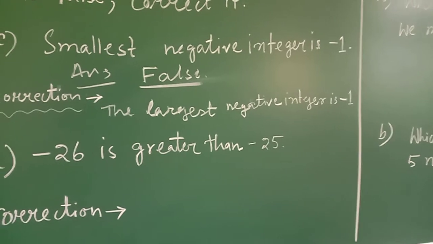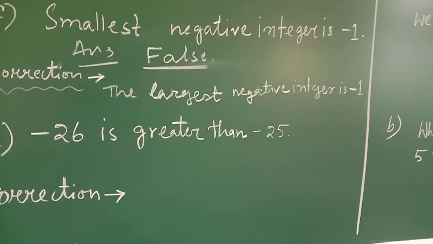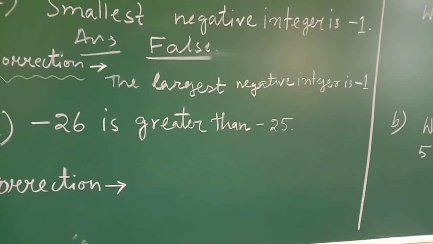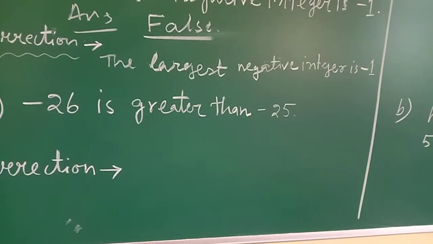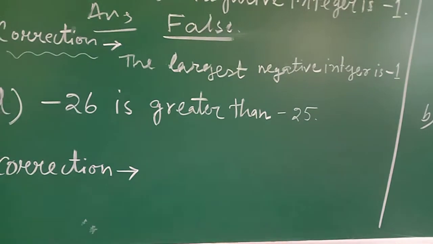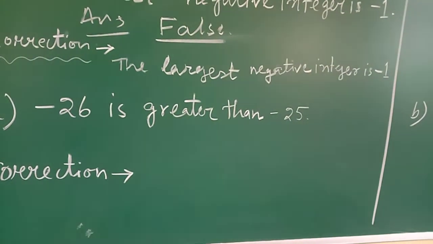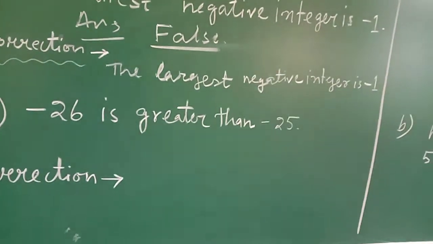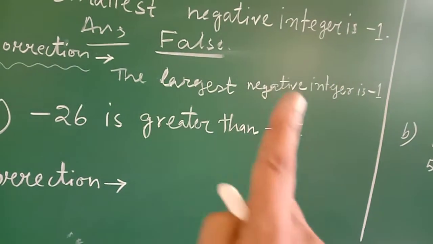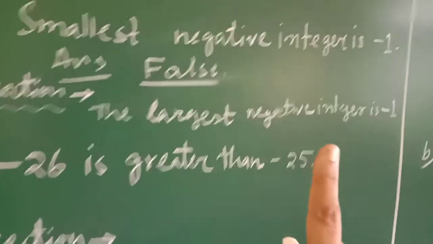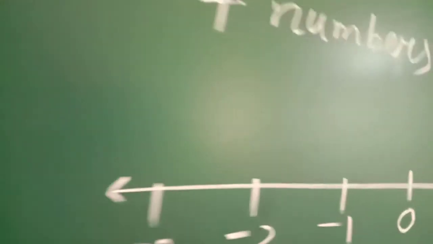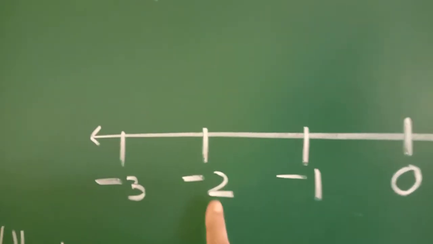Next question is -26 is greater than -25? See, it is correct or not? Think and give me the answer. Is -26 on the left side of -25 or the right side of -25? Think about the number line. When you are going to the left side, you start from -1, -2, -3.